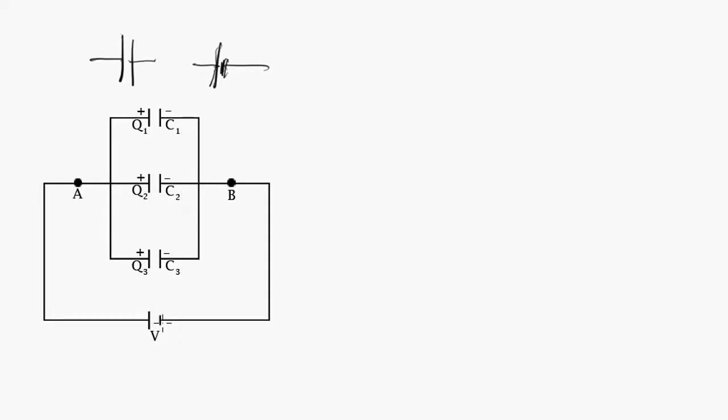The reason is that the negative charge from this portion is getting down to all the right hand plates of the three capacitors from this point B, whereas on the left hand side the positive charge is getting across to all three left hand plates from this point A.